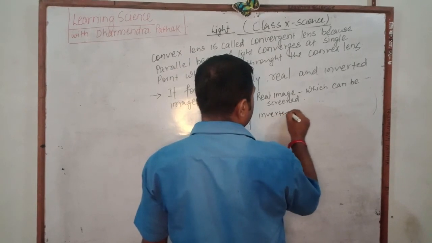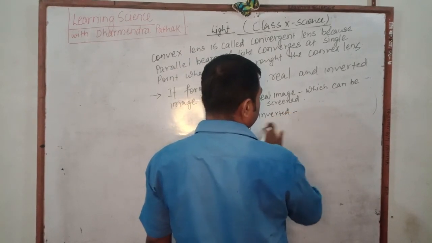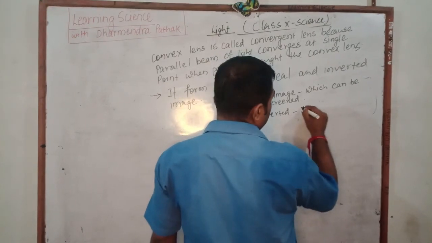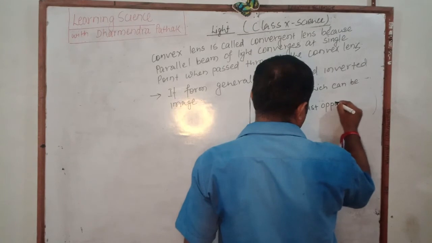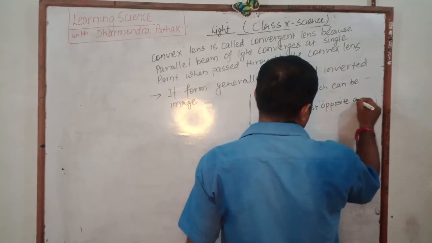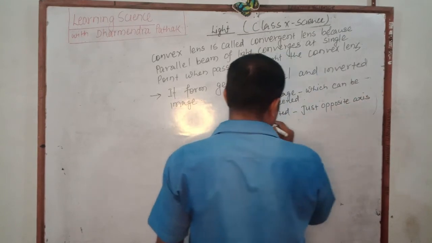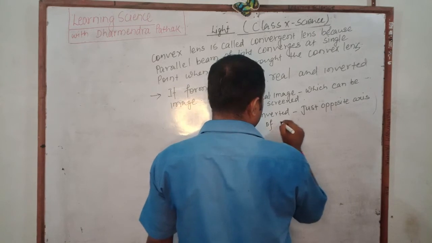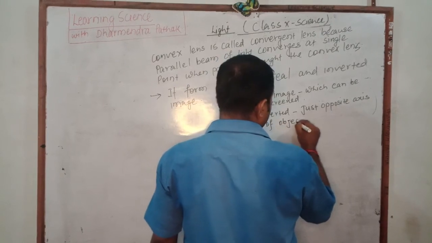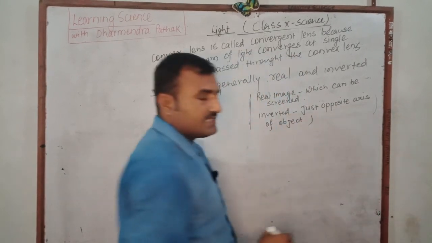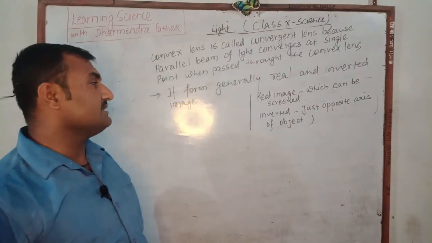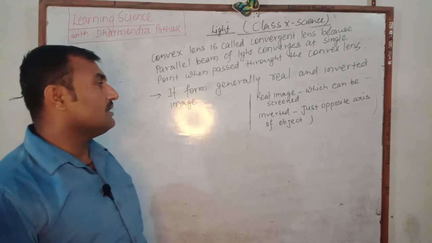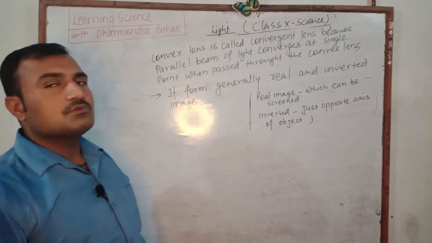Inverted, that is, just opposite axis of the object. Suppose the object is on the x-axis, if its image is formed on x dash, then it is known as what?